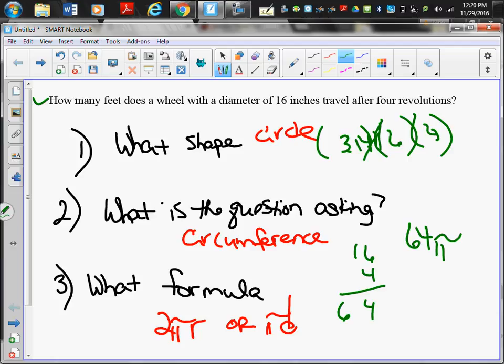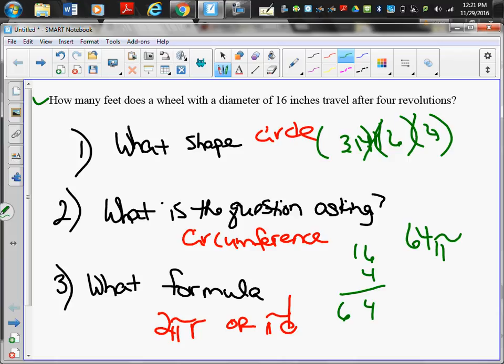And then you'll answer it. 3. What formula will I use? And then answer it. Guys, if you can answer these 3 questions, when it comes to word problems, it's going to make them much easier. Because tonight's assignment is going to be all word problems.